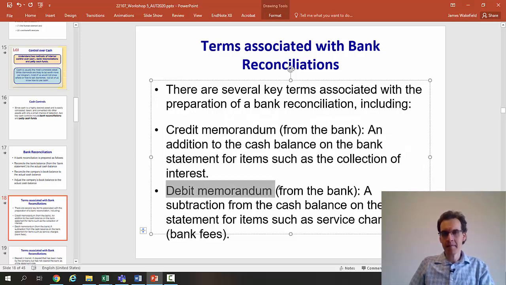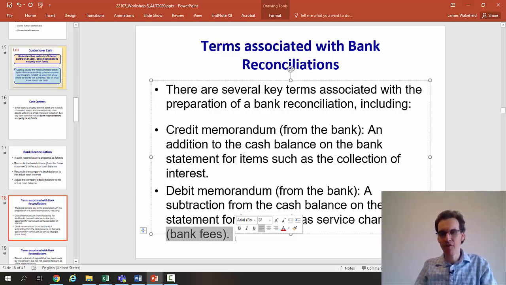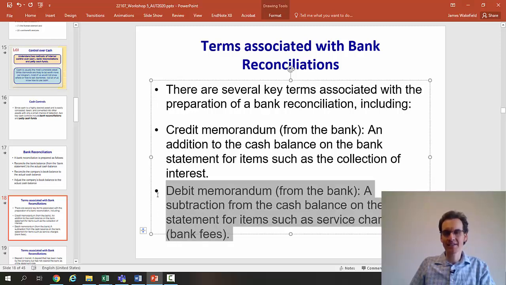The debit memorandum is where, of course, the bank reduces your bank balance. So, for example, bank fees. So if the bank takes, for example, $5 a month, they will issue a debit memorandum which reduces the balance of your account. So, as full-time students, remember that typically banks charge full-time students no bank fees.